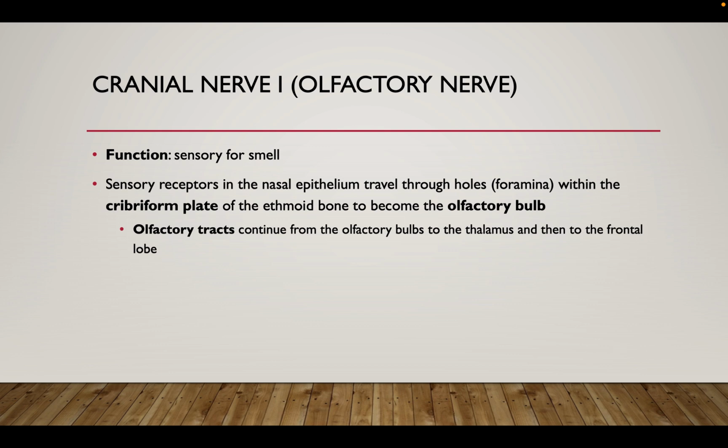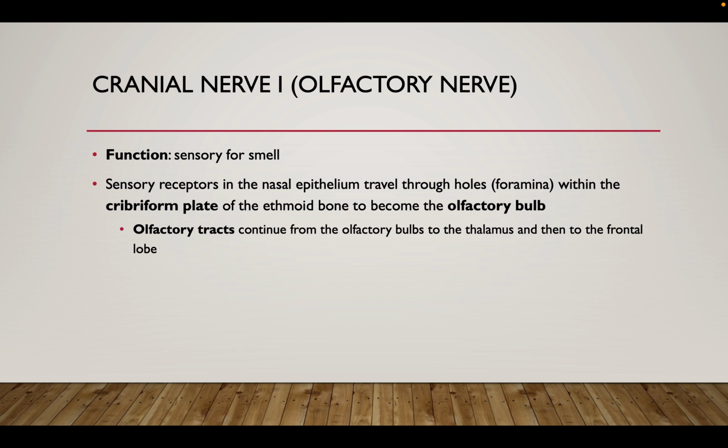What you're going to have is at the roof of your nose, within your nasal cavity, you will have a nasal epithelium, and it's lined by mucosa. It's lined by this epithelial tissue. Embedded within that epithelial tissue, we have these small little fibers known as fila olfactoria, and these fila olfactoria are the actual nerve fibers of the cranial nerve 1.